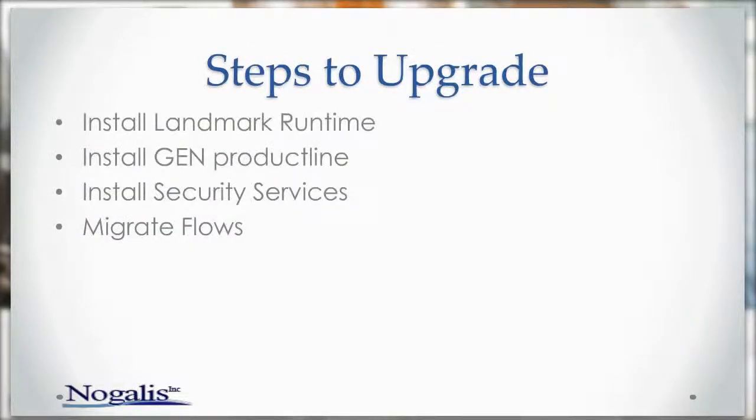Now to talk about the upgrade itself, like I said, this is going to be a short webinar because things are relatively simple for you to do. It's just an advantage of what you need to take advantage of before you do your big upgrade. So the steps are you need to install the Landmark runtime on a server.